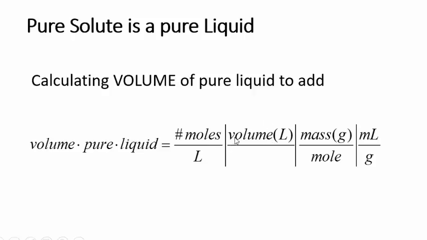Now that we have the number of moles of the solute in that volume, we calculate the number of grams of it by multiplying the number of moles by the molecular weight. But to calculate the volume of the liquid that corresponds to, we need another conversion factor, the density, the number of milliliters per gram of that substance. Basically, that's how you calculate the volume to do the volumetric transfer.